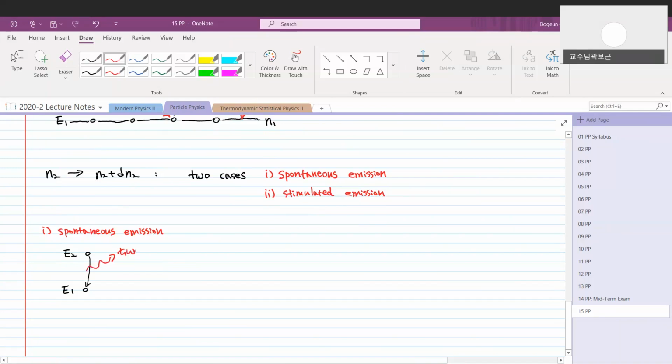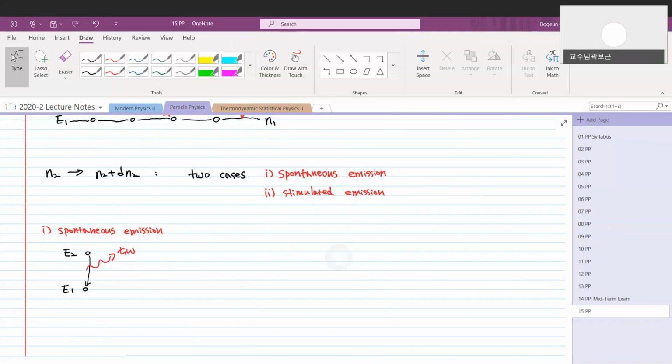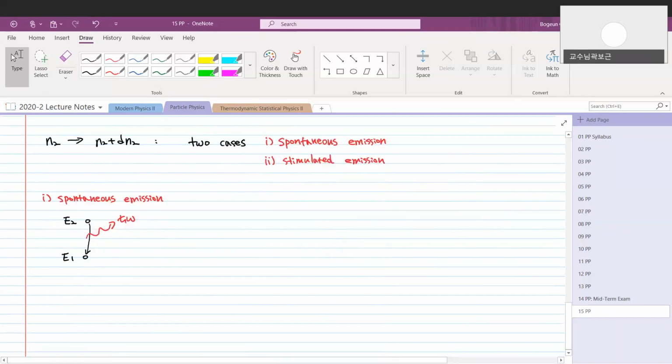So this is spontaneous emission, and it occurs right away. We define a coefficient related to the probability of such emission: spontaneous emission is defined by coefficient A.